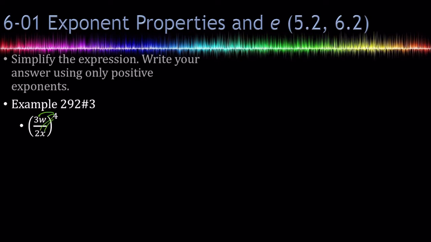We can do that when it's multiplied and divided. That makes 3 to the 4, w to the 4, over 2 to the 4, x to the 4. 3 to the 4 is 81. 2 to the 4 is 16. And there we are.